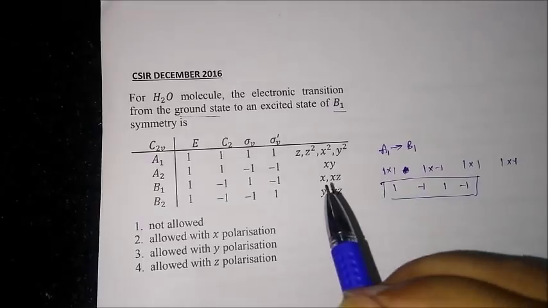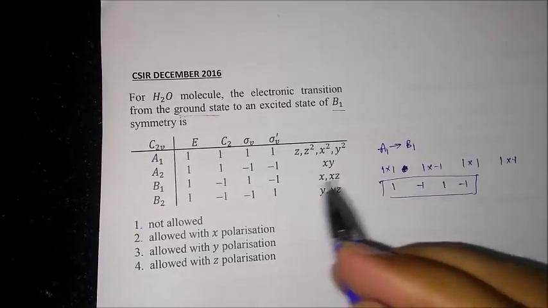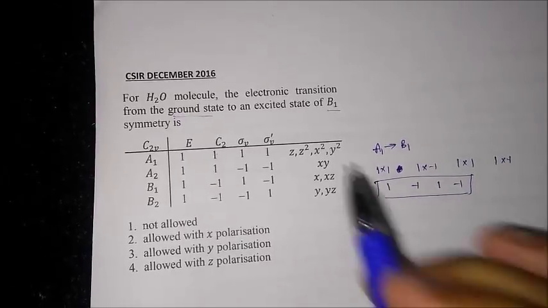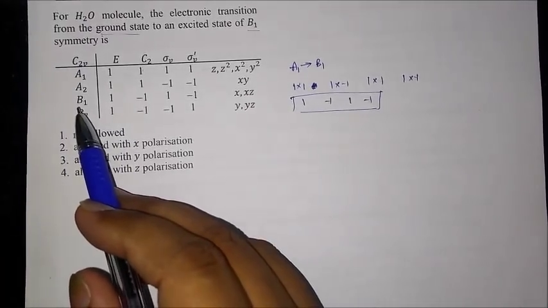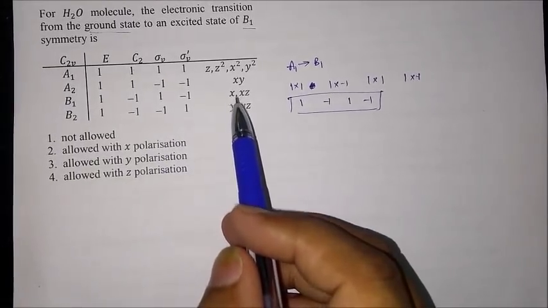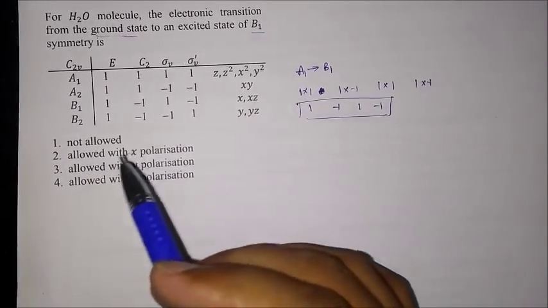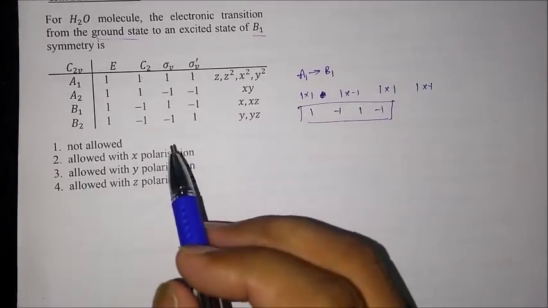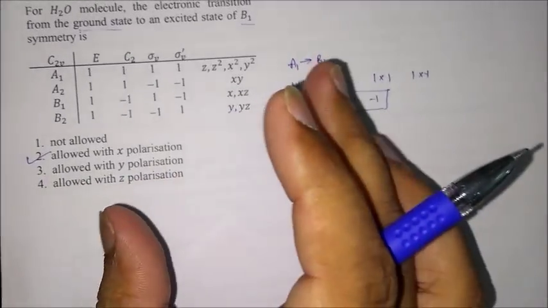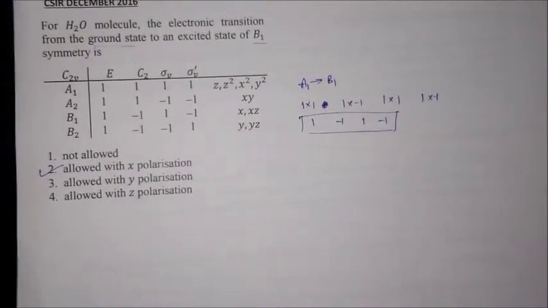Only a single coordinate you have to check. Whichever coordinate is given, it will be polarized in that direction only. In the case of B1, the coordinate given here is the x coordinate. So it is allowed and it is x polarized allowed. So the correct option for this question will be option number 2. In this way the polarization questions are done.